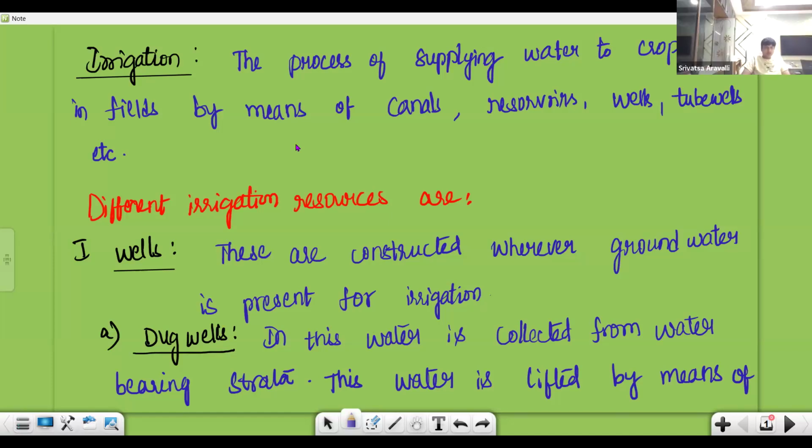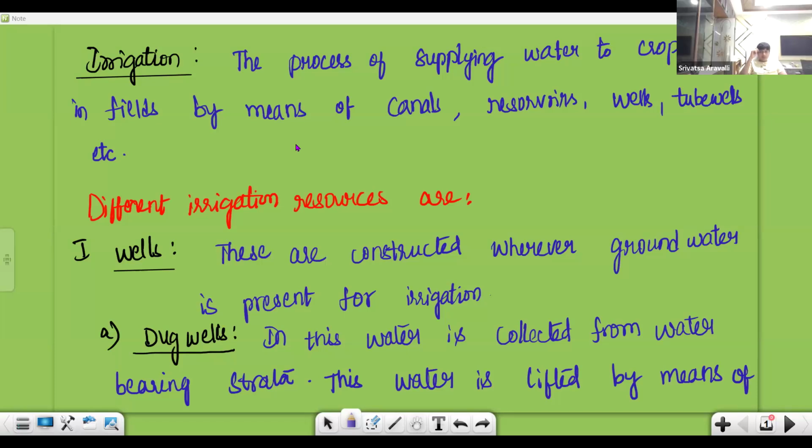Irrigation resources: one, wells. These are constructed wherever groundwater is present for irrigation. So dug wells: in this, water is collected from water bearing strata.